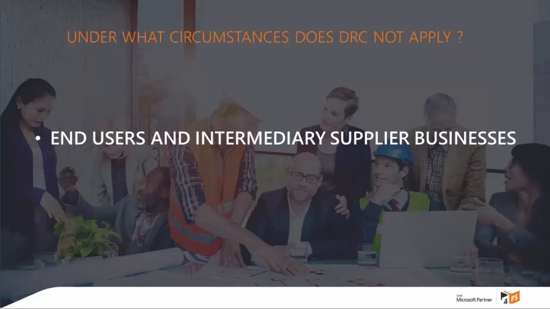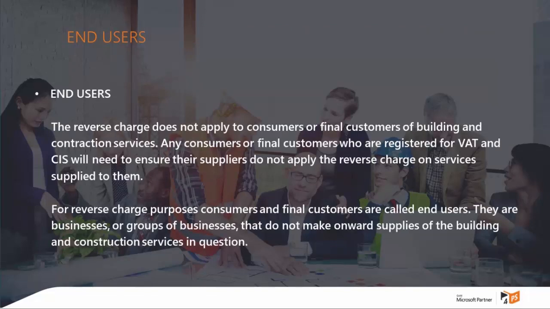So under what circumstances will DRC not apply? Well, this is under those termed as end users or intermediary supplier businesses. So what do we mean by that? End users for reverse charge purposes are consumers and final customers.